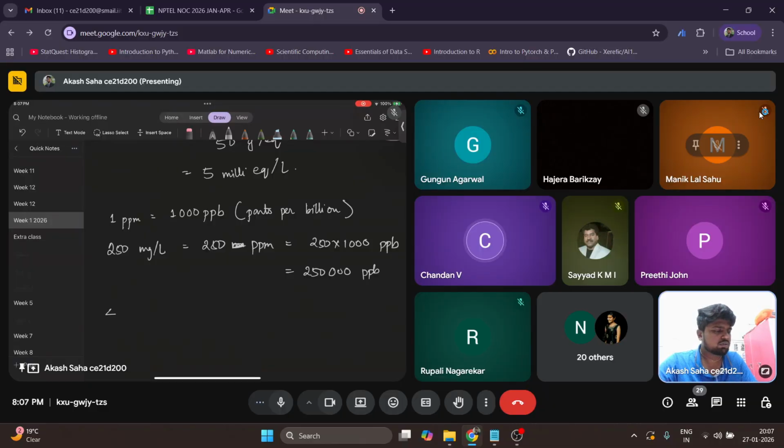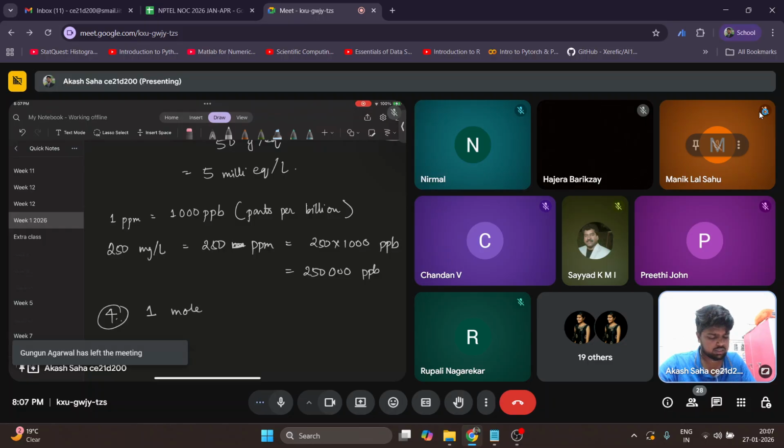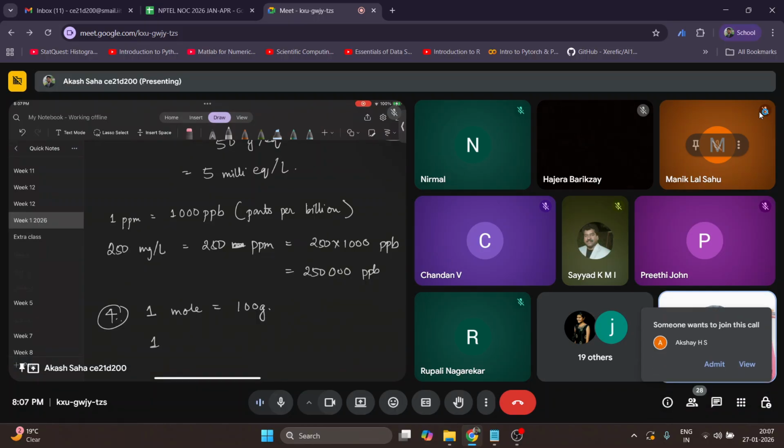Now the fourth, I leave it for you. You can simply solve. I will just say 1 mole is equal to 100 grams of calcium carbonate. So for 1 millimolar, it is 1 mole by 1000.